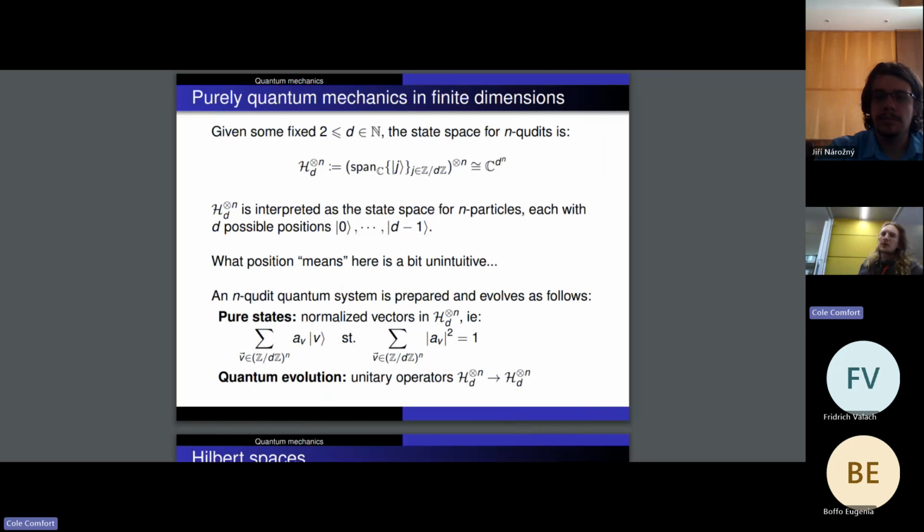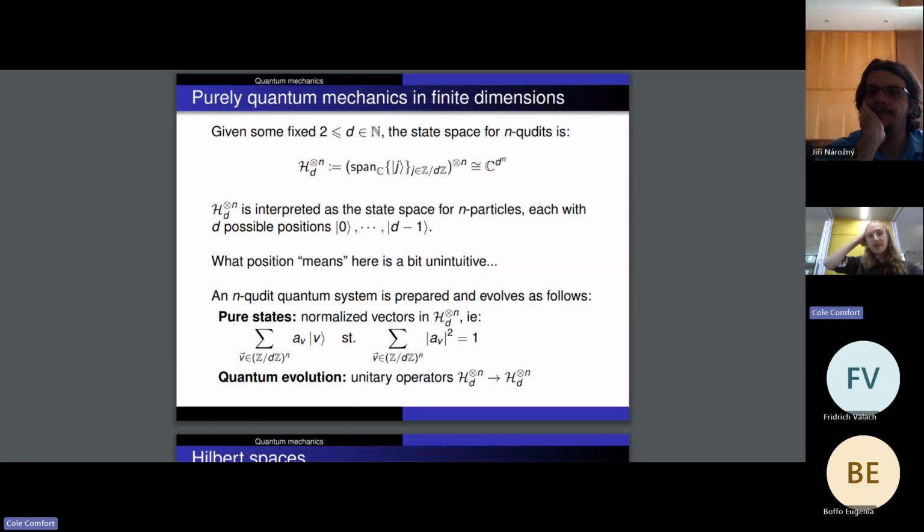So in quantum computing, usually you fix some local dimension d, which is a natural number, and then the state space for n qubits, which is the space of computation, is the Hilbert space spanned by d to the n basis elements, which I denote by j with this ket notation.